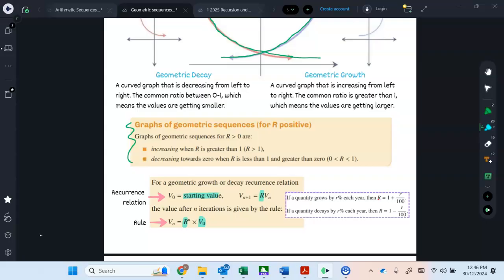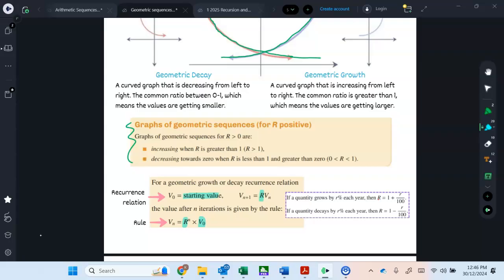When I see these types of questions on an exam, I'm like, these should be gimme marks, all right? Because it's just a matter of putting in your starting value and your common ratio. Or if it was an arithmetic sequence, it's just a matter of putting in your starting value and your common difference.